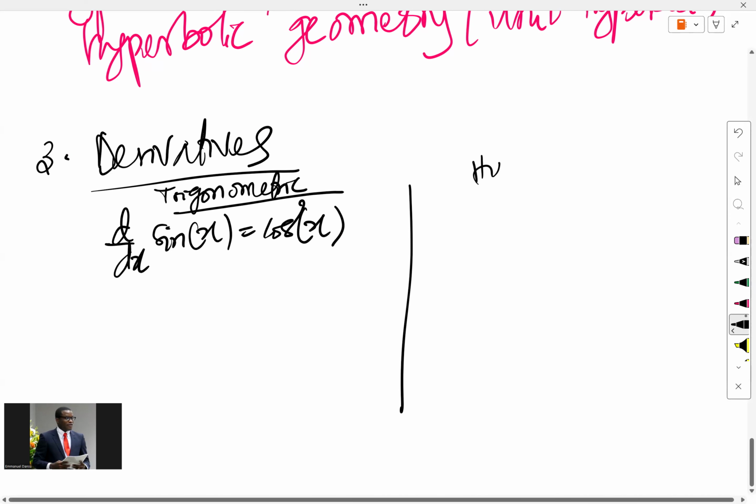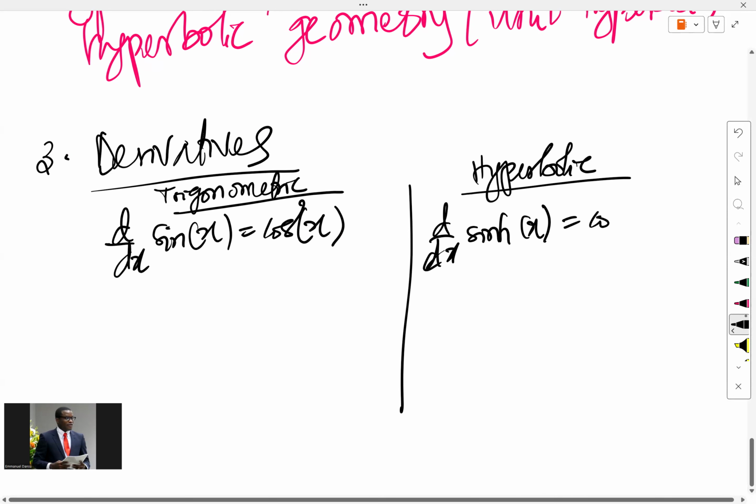Then this is hyperbolic: d/dx of sinh x is cosh x.